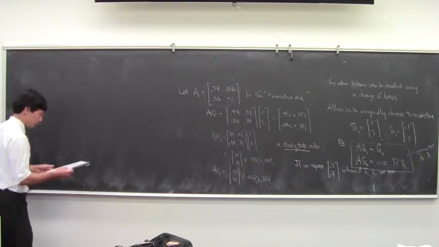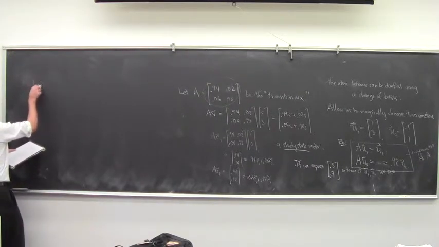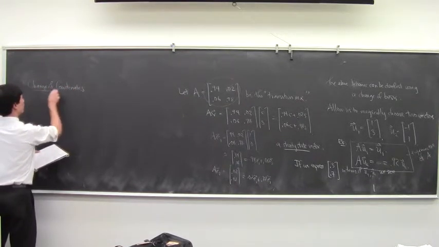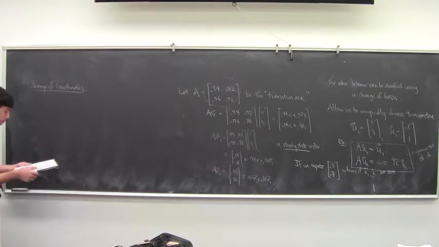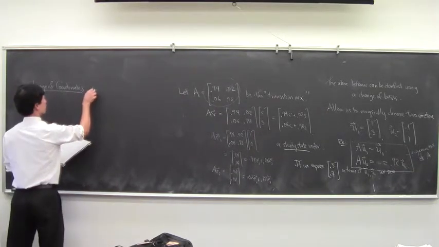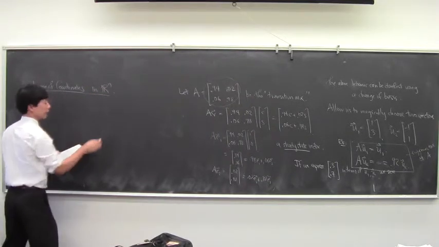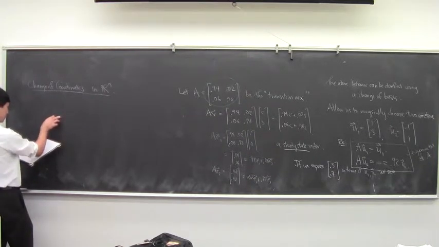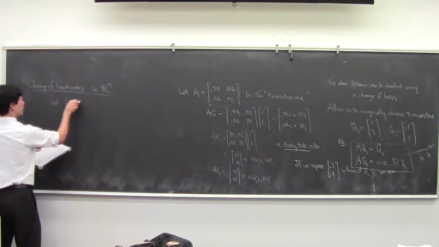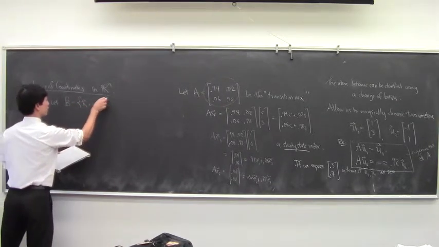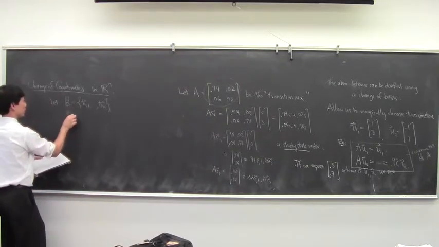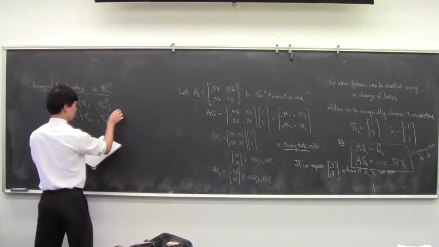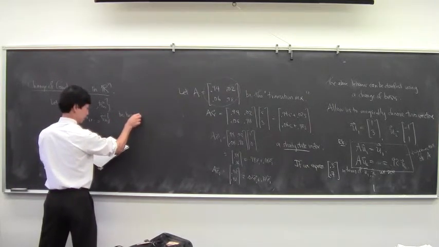So let's talk about change of coordinates. First we'll do it in Rn, and next we'll do it for general abstract vector spaces. So let V1 through Vn and B1 through Bn be bases of Rn.